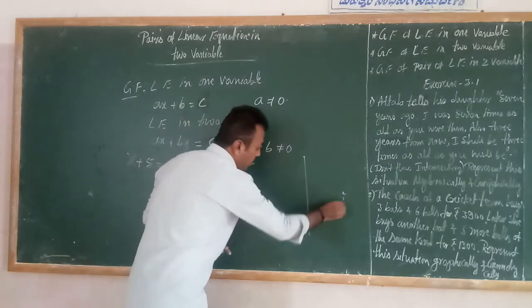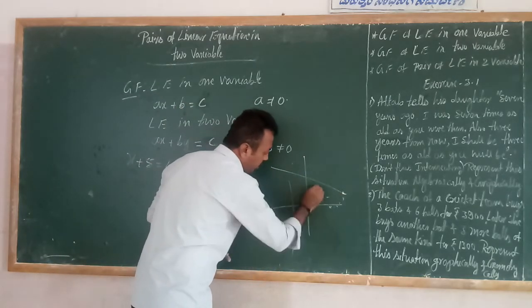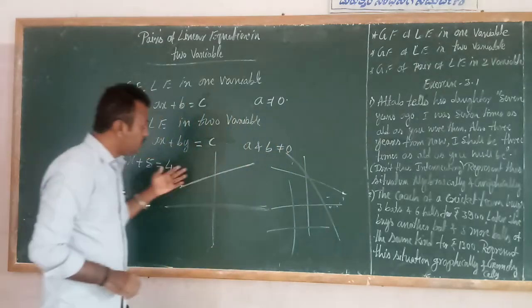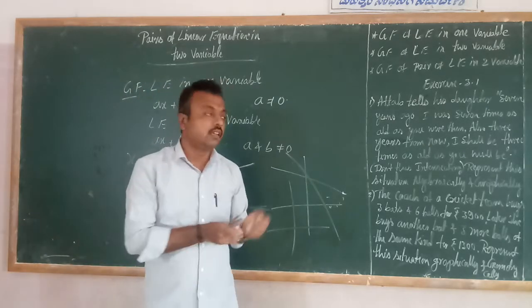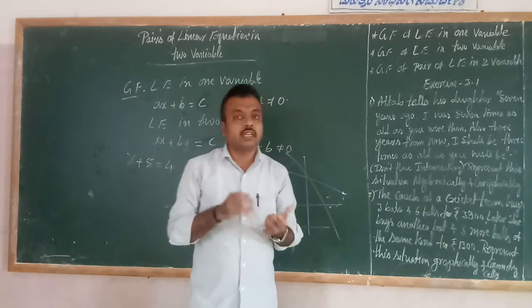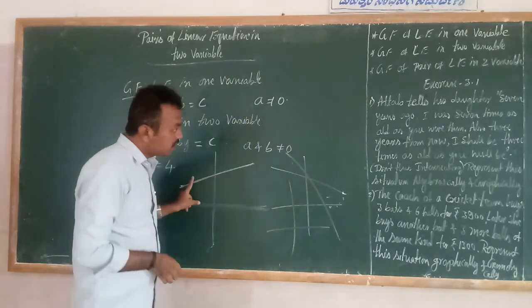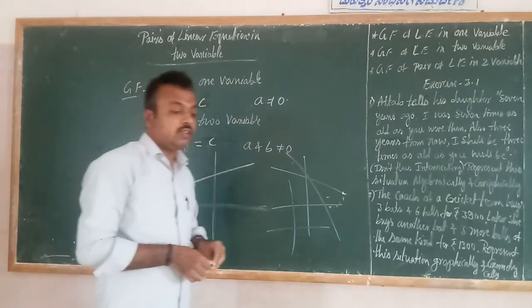See students, I will draw the graph. These are straight lines, anywhere. Linear is nothing but what? Straight line. Therefore, for linear equations in one variable or two variables, the graph becomes a straight line. Got it?